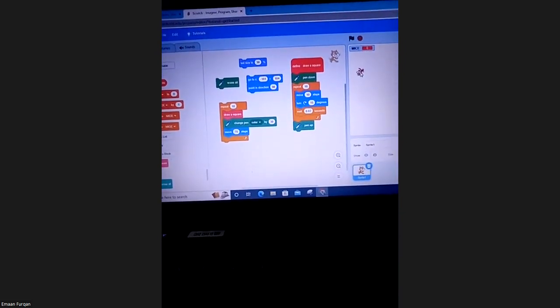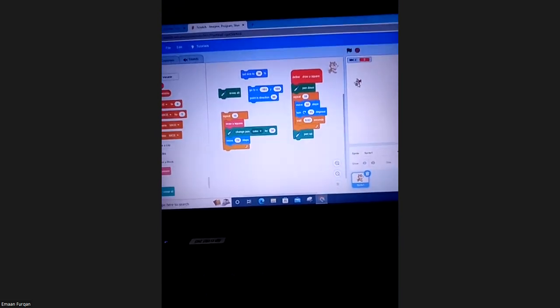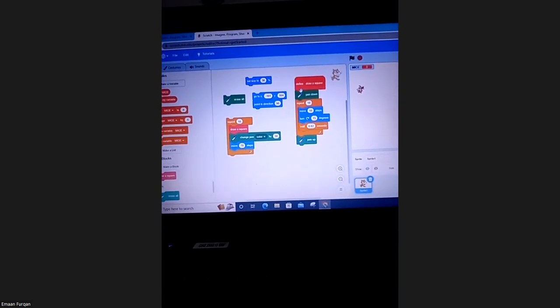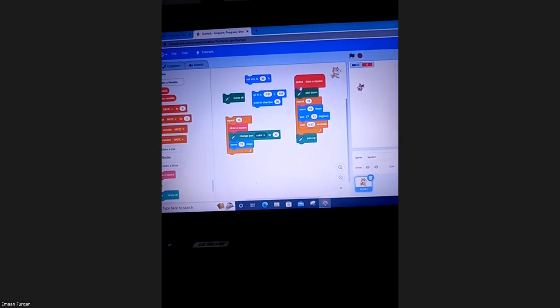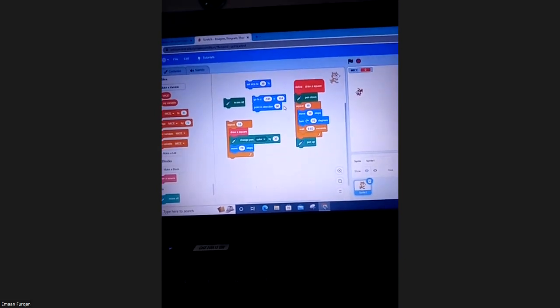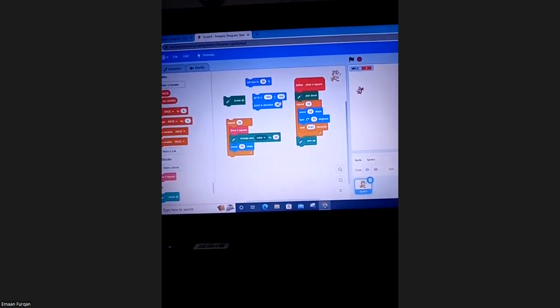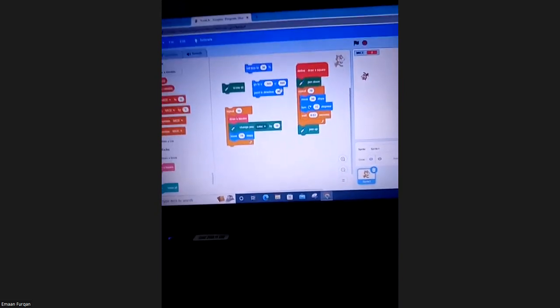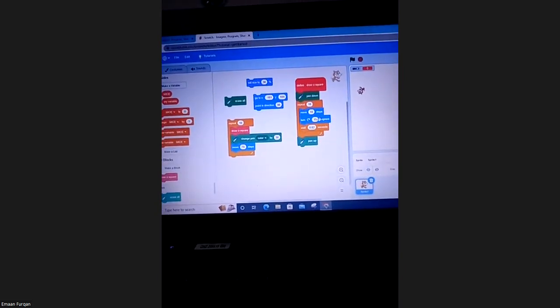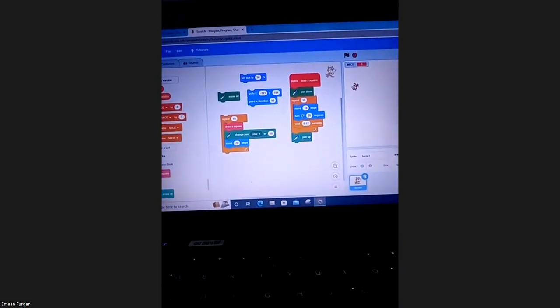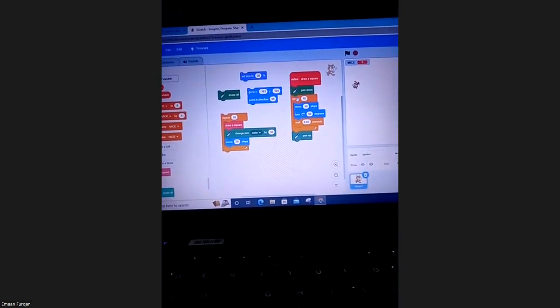It's not completing the circle, right? So the problem here is the angle that you are using. You need to tell your cat to turn 90 degrees and not 15 degrees. Here, in the pen down define a block tool, you need to tell it to turn 90 degrees. And first, click on this blue go to button.